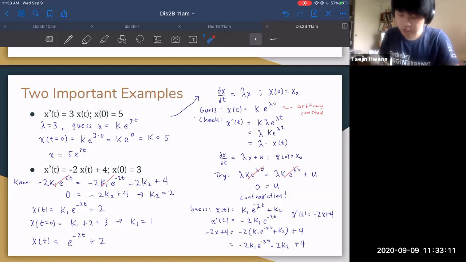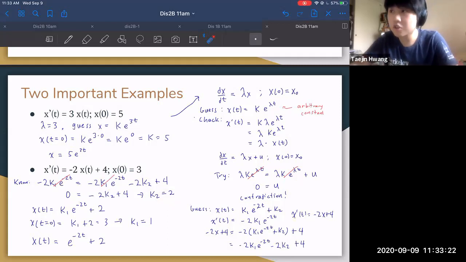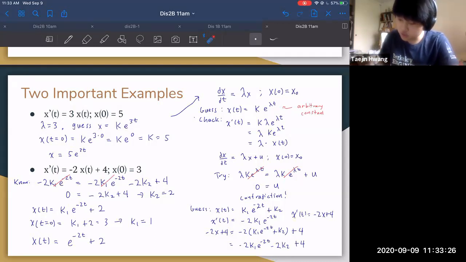And we ended up with a statement saying this is only true when k2 is equal to 2. I don't know if that explains it well, but the check step is where you take the derivative, set it equal to the right-hand side, and verify everything that needs to be true.